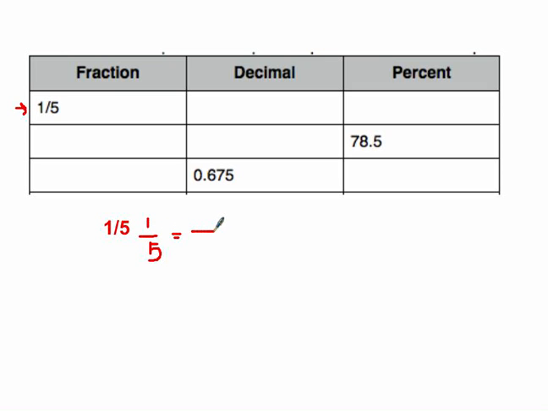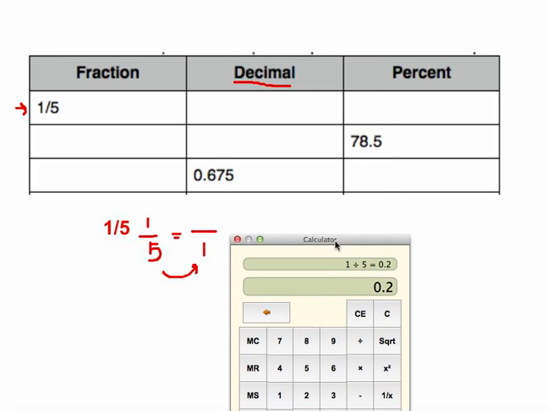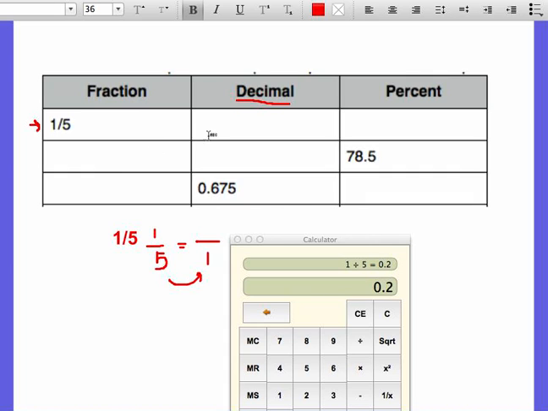So in order to get it to a unit rate, because decimals are a unit rate, we need to divide each side by 5. And you probably already know 1 divided by 5, but if not, I'll do it right here. And that is 0.2. So as a decimal, we would call this 0.2.